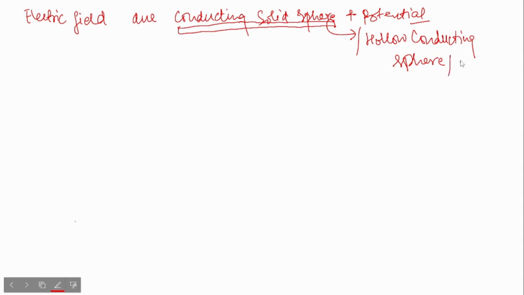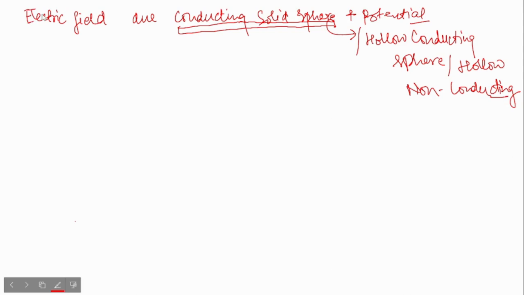The electric field due to all these three distributions is actually the same. So for all three we will be finding the electric field, and it will be common, and the potential as well.